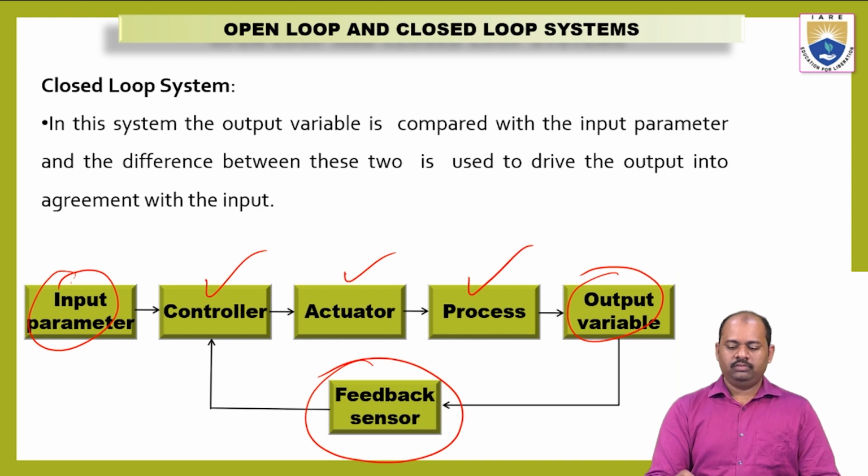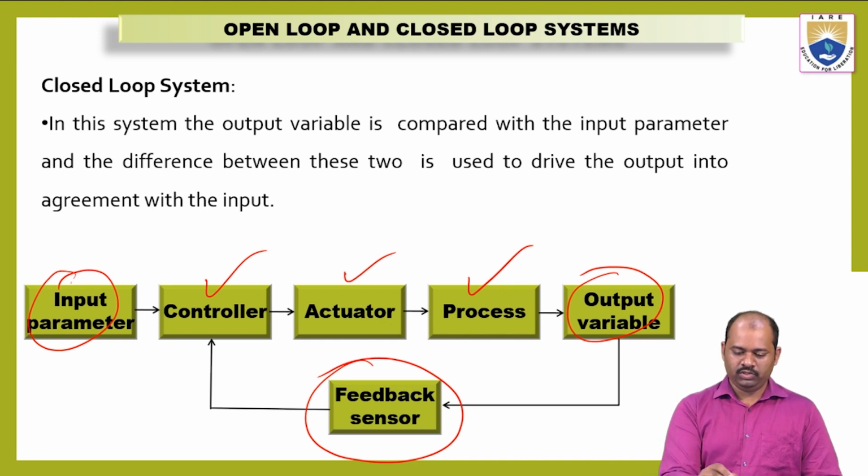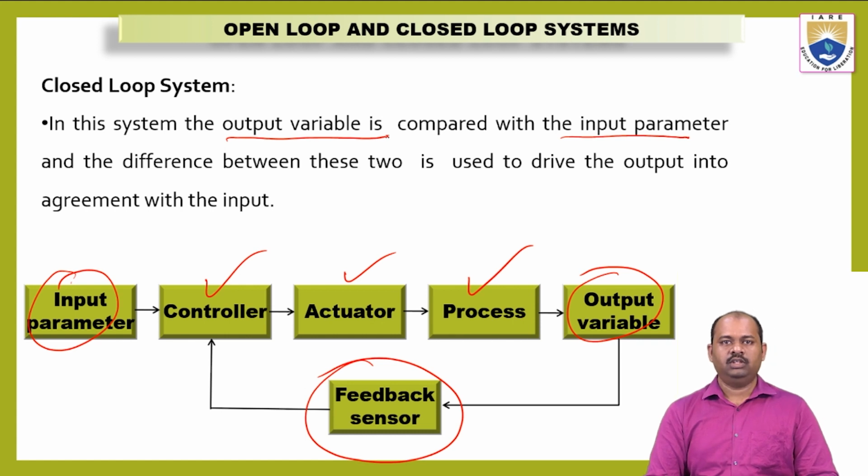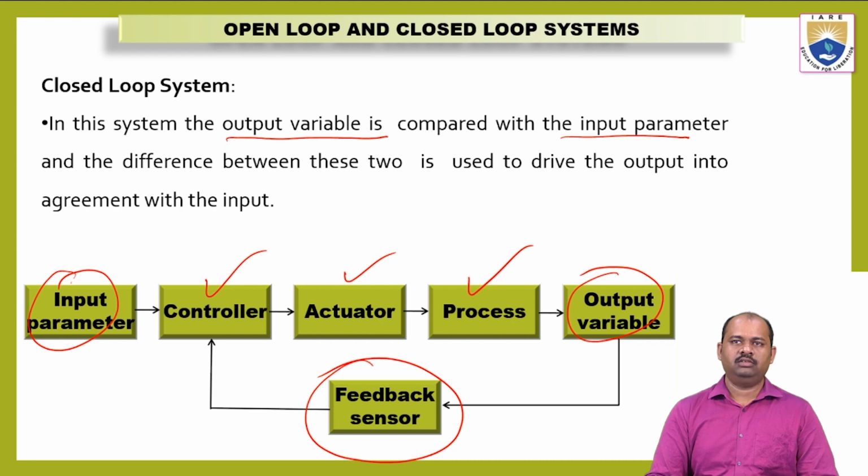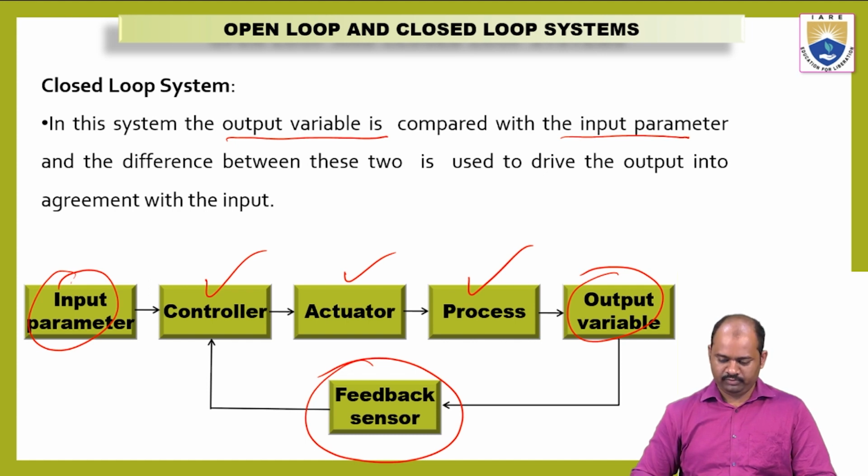So in a closed loop system, the difference between the input parameters and output variables is analyzed, and this information is used in the next input cycle. So this is a closed loop system.